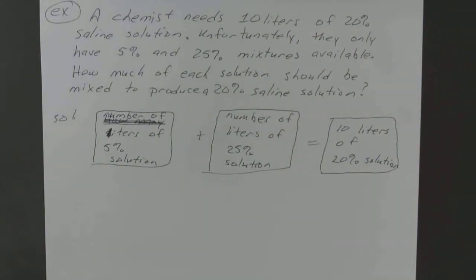So we have a certain number of liters of this percent plus a certain number of liters of the next percent equals the amount that we're looking for.